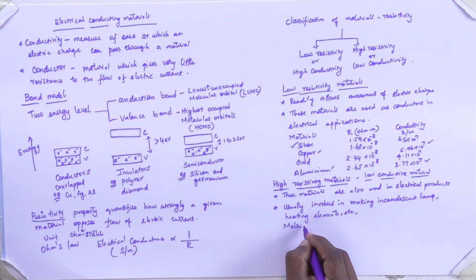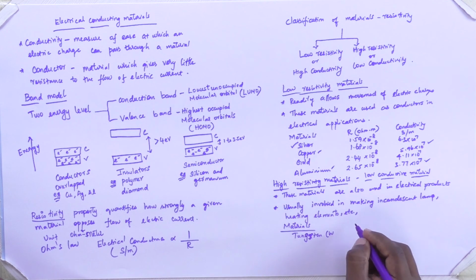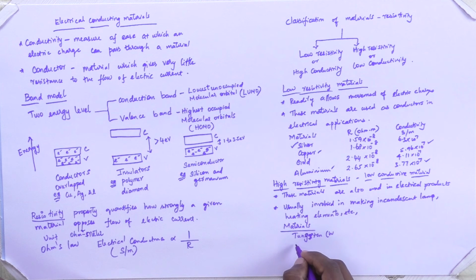So the materials in this case are tungsten, which is W, and then manganese, and then nichrome and carbon, which is in amorphous state.